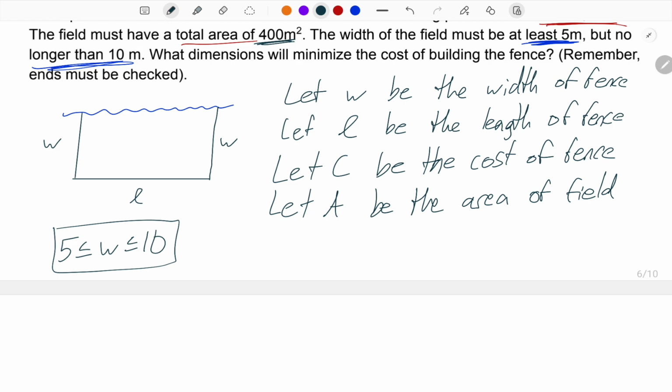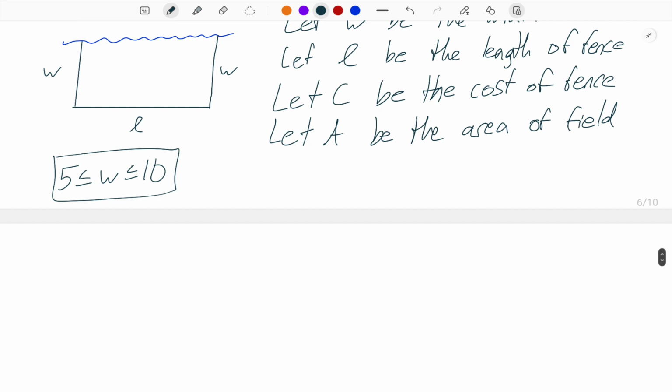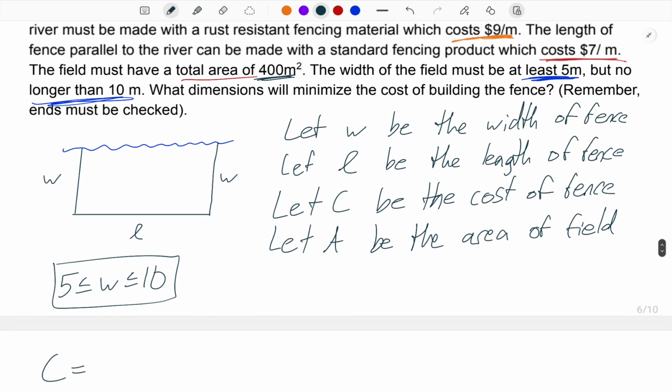So let's try to come up with some sort of equation for the cost, and then make sure that equation is in terms of one variable. Okay, so what is the cost going to be? Well, the cost is basically going to be related to the perimeter. So we need to figure out how much width we're going to use and how much length we're going to have, because that's where the cost is coming from.